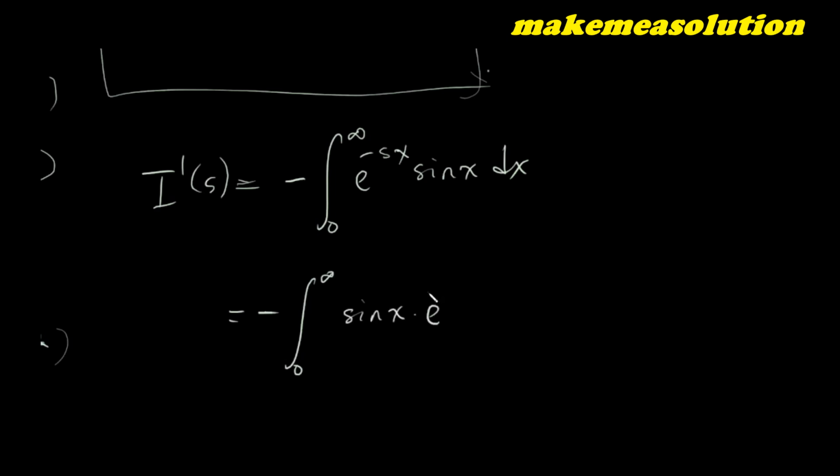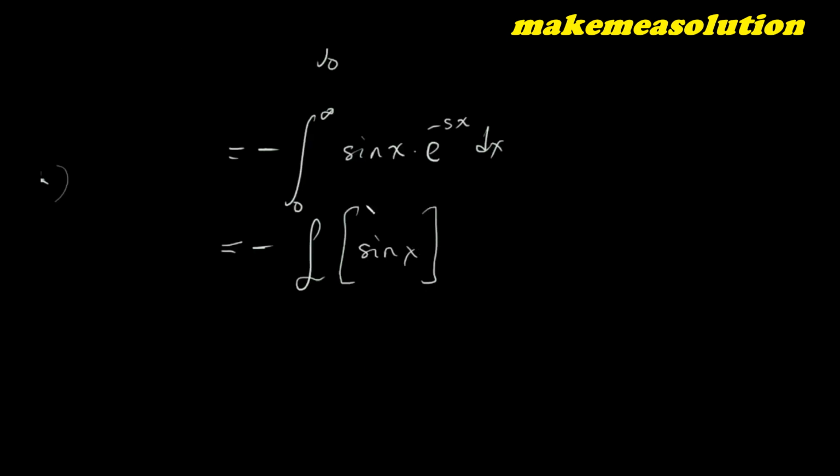This is sine x exponential minus sx dx, and this is actually the Laplace transform of sine x, if you remember. Do you remember that the Laplace transform of a function f is the integral from 0 to infinity? Let's assume our function is causal, meaning that it is defined for 0 to infinity. So we have f times exponential minus st dt.